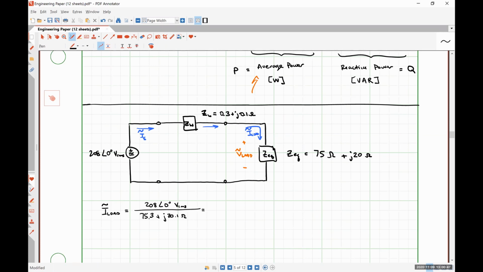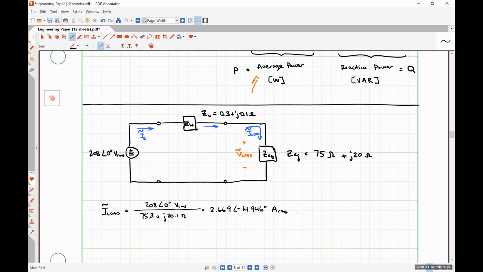So let's take a moment and calculate that. I get 2.669 angle negative 14.946 amps RMS. Anybody else get that same number?